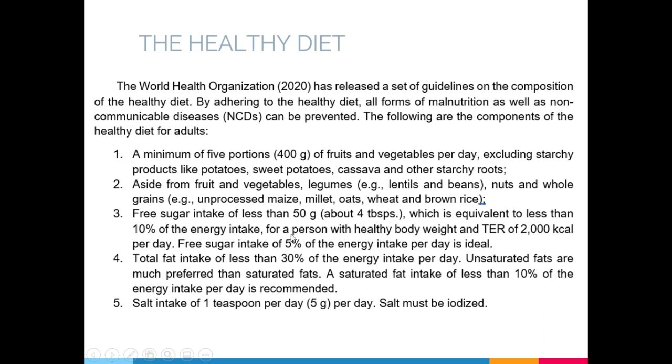The ideal is 5% of the energy intake, so most of your energy should not come from sugar. Your total fat intake is less than 30% of your energy intake. Your unsaturated fats should be greater than your saturated fats. Your salt intake should not exceed 5 grams per day, and the salt must be iodized.